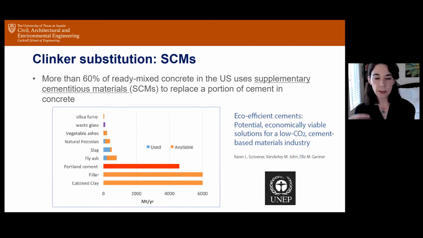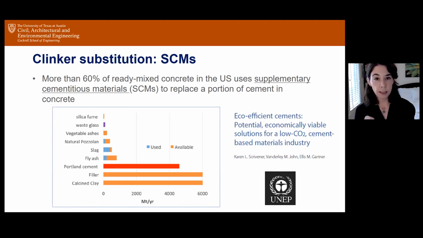In terms of clinker substitution, this sort of goes into the area of research that's my specialty, which is when you are making concrete and you're adding Portland cement, aggregates, water to a concrete mixture, the amount of that cement that goes into that concrete mixture is variable. That cement can be variable because you choose to use less. That cement can also be variable in terms of material efficiency.